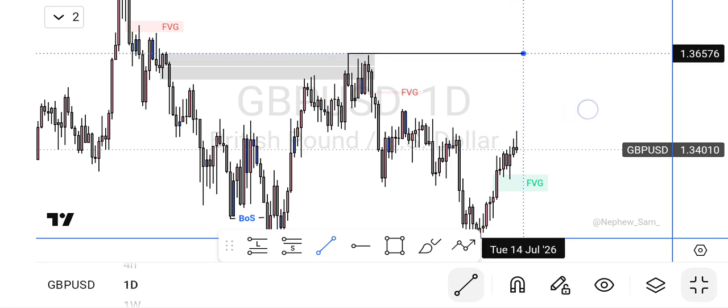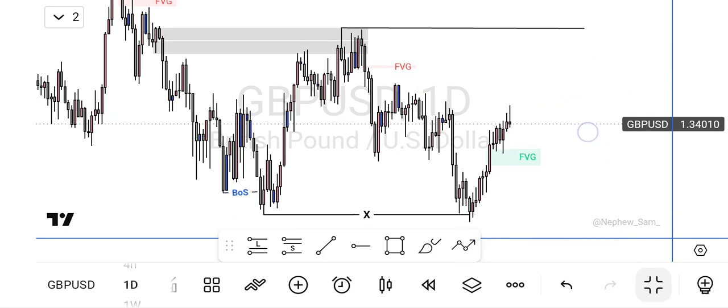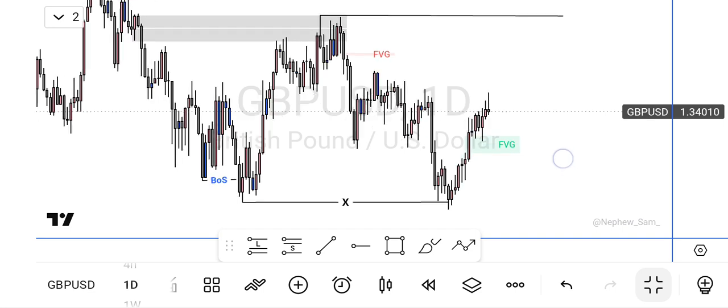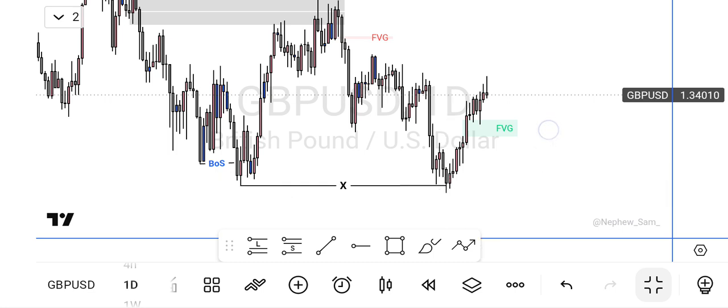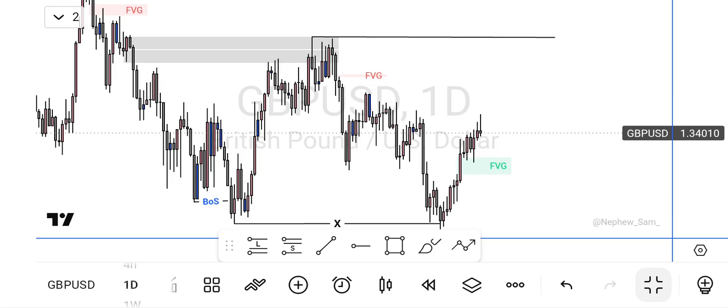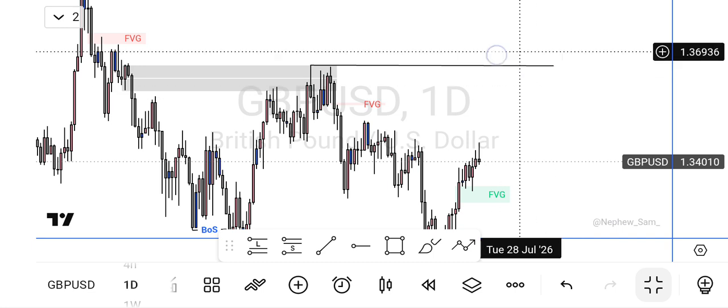Now that we know this place failed to break structure, there's a possibility of buyers taking this high. That's how to generate buyers. We have already generated the buyers that we are possibly going to buy until this region here.